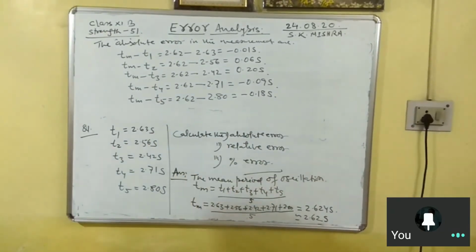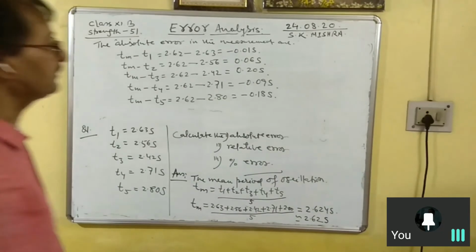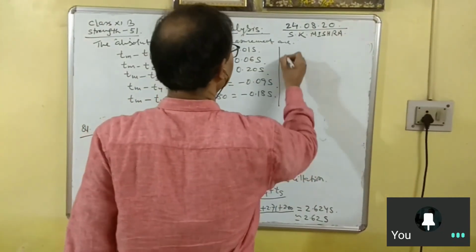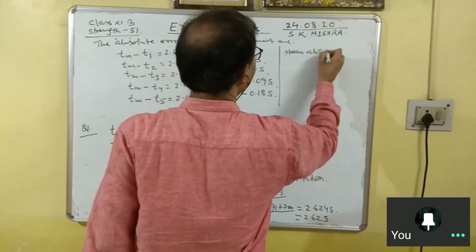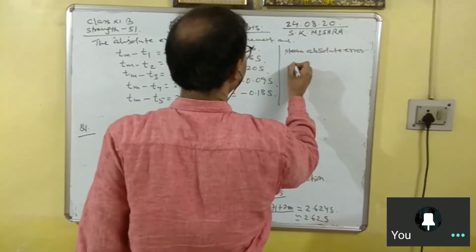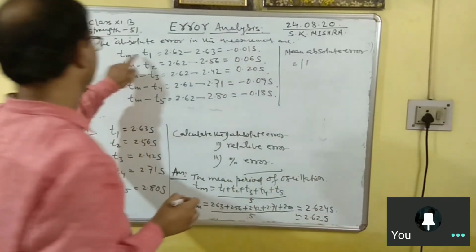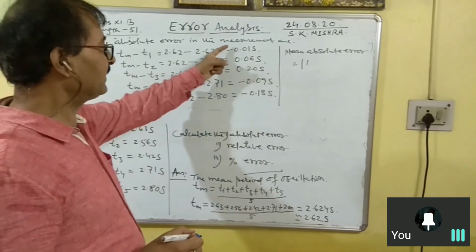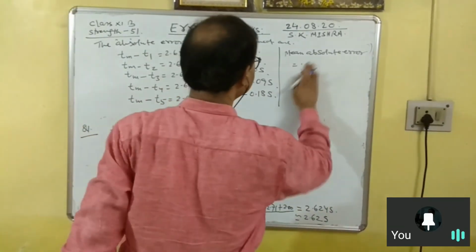Then you have to find the mean absolute error. So how to find the mean absolute error? The mean absolute error is nothing but the mod of these. You have to take the mod, all positive values; the negative value is converted into positive.